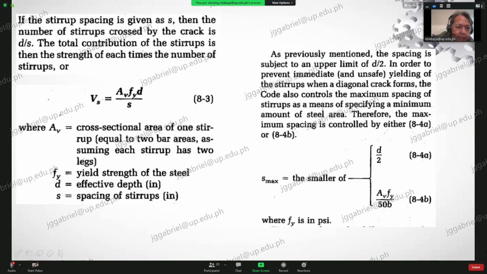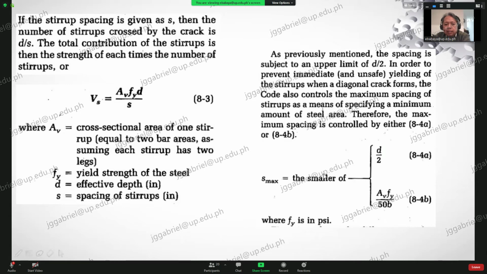Yep. It says if the stirrup spacing is given as S, then the number of stirrups crossed by the crack is d over s. The total contribution of the stirrups is then the strength of each times the number of stirrups, or Vs is equal to Av fy d all over s.